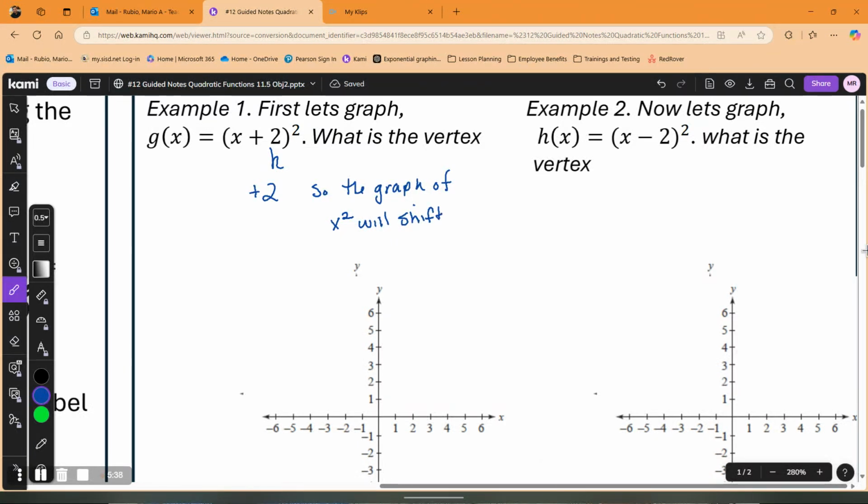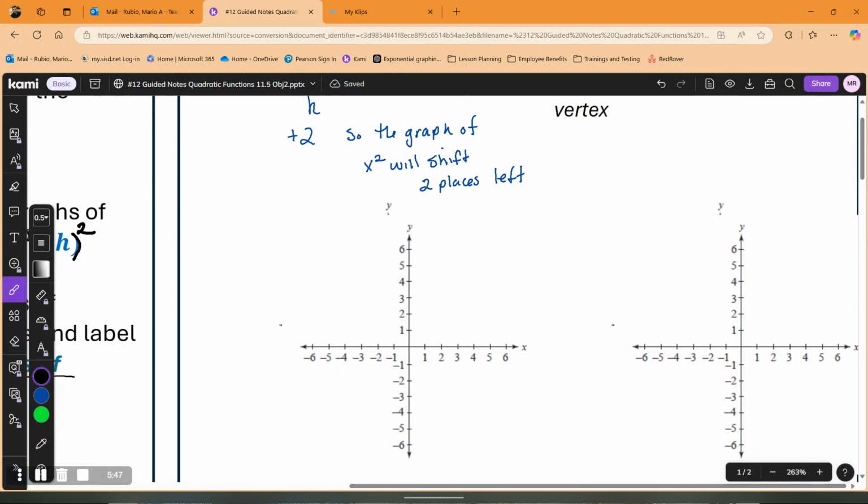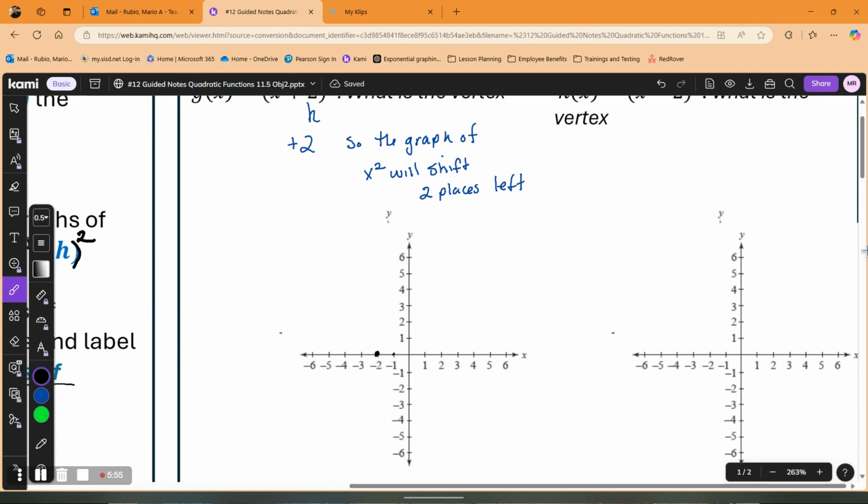Positive goes to the left, 2 places left. So remember, our origin for x squared is always 0, 0. From 0, 0, we're going to go over 2. 1, 2. That's our new origin. Actually, you know what? Let me do it this way. I know this is our x squared.